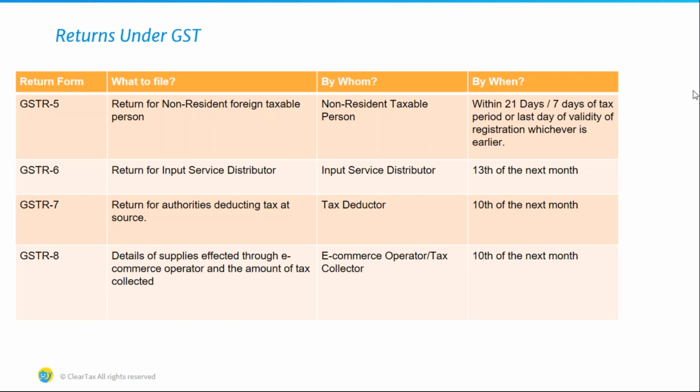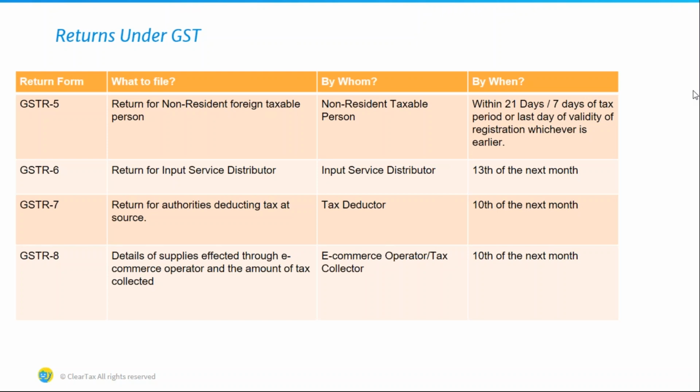Now, for this return there could be different scenarios. The government has addressed two scenarios here. One, when the supplier is engaged in continuous business, such suppliers are required to file GSTR 5 every month, within 21 days from such supply.